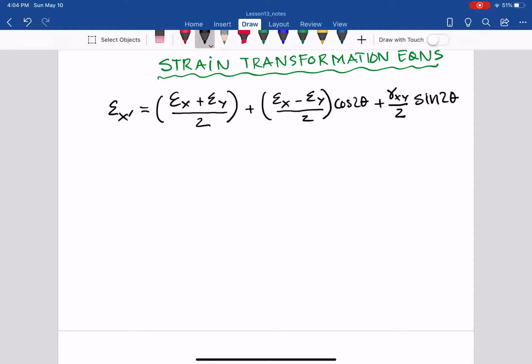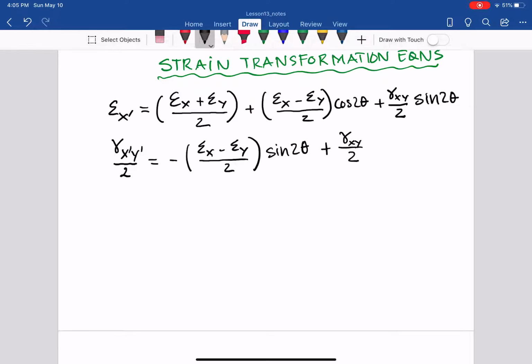The tau xy is now replaced with gamma x apostrophe y apostrophe over 2. Everything becomes half for the gamma. So the equation is now the same: negative epsilon x minus epsilon y over 2 sine 2 theta plus tau xy, in this case replaced with gamma xy over 2 cosine 2 theta.